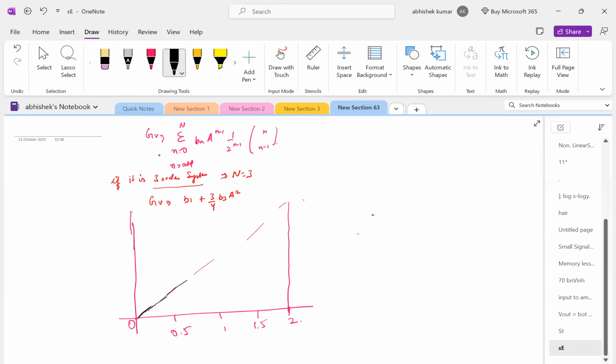And your original curve will slightly deviate.